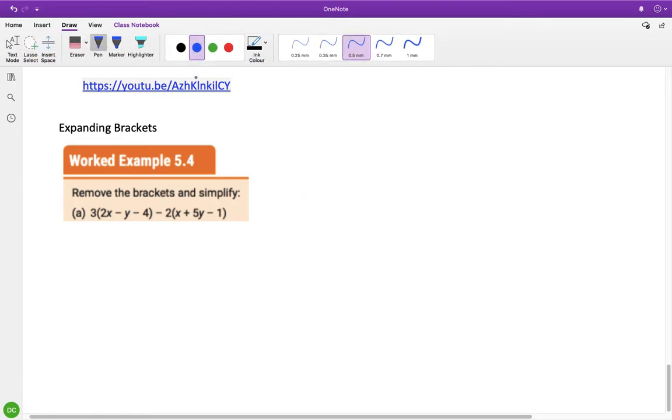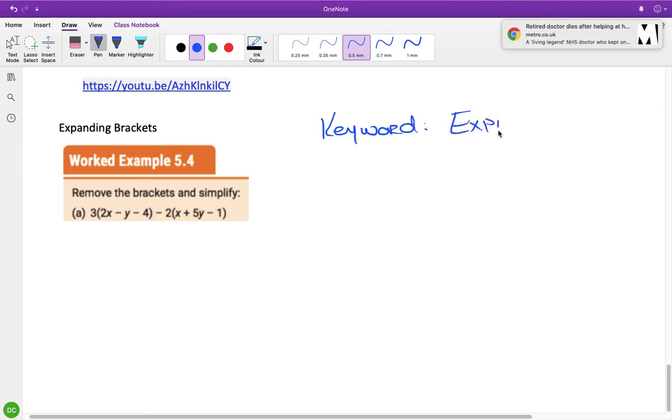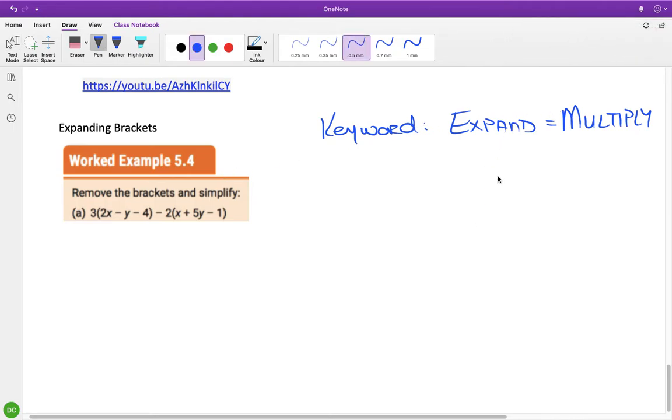Right, so expanding brackets, I suppose the key word here is expand. Expand basically means multiply. Sometimes they will say multiply the brackets, sometimes they'll say expand the brackets, sometimes they might even simply say remove the brackets.